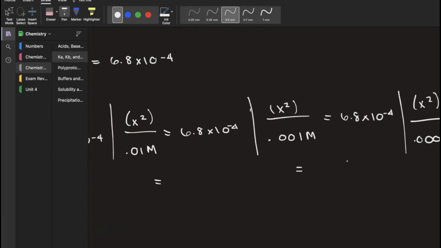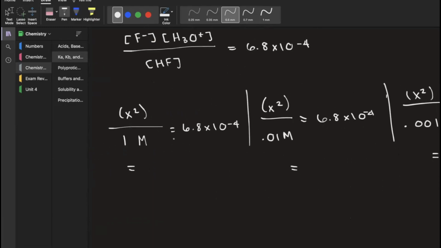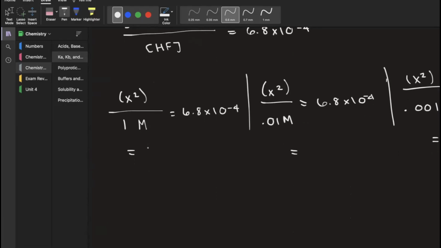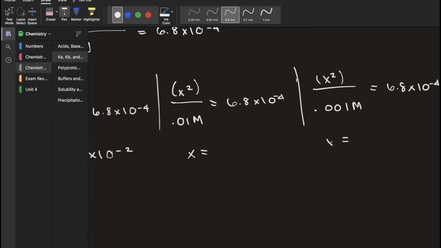So to solve this, all you have to do is multiply 6.8 times 10 to the negative fourth times 1, and then you find the square root of that number, which is going to be 2.6 times 10 to the negative 2. That is going to be equal to x.